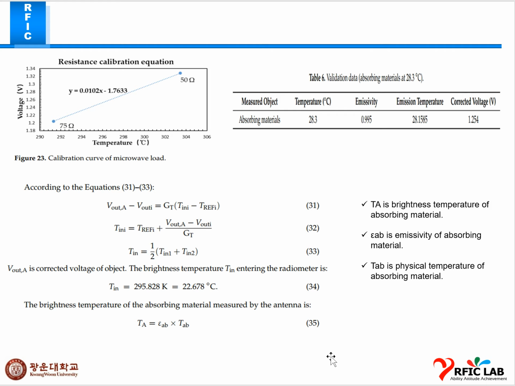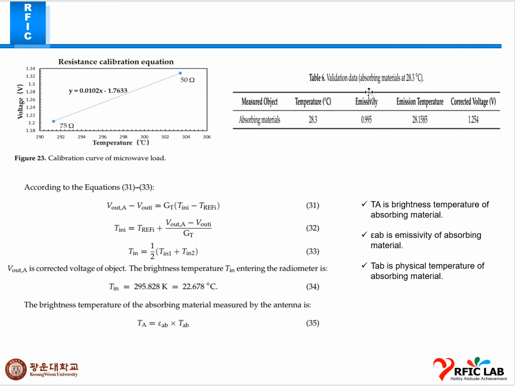After that, we get a curve of the microwave load by using the y equals mx plus c formula. By using that formula, you can plot this curve of the microwave load, and according to equations 31 and 32, we get this kind of output voltage.